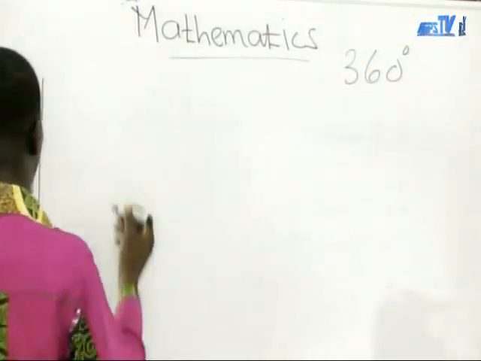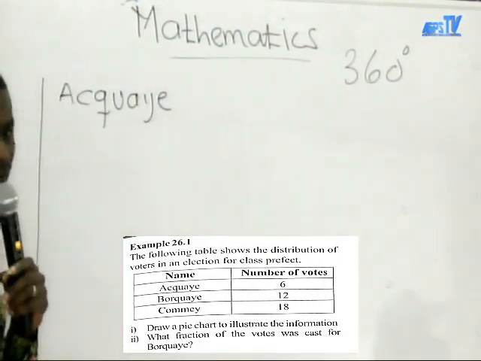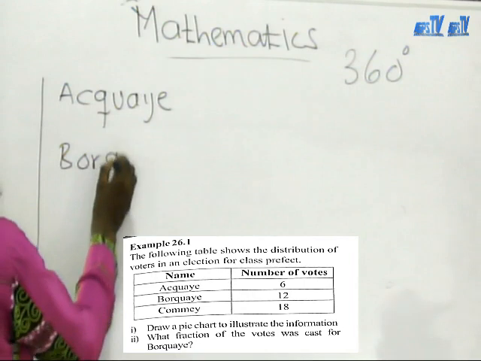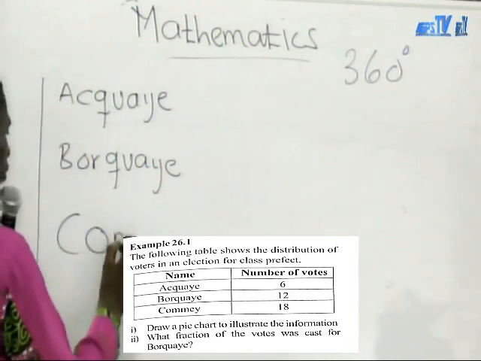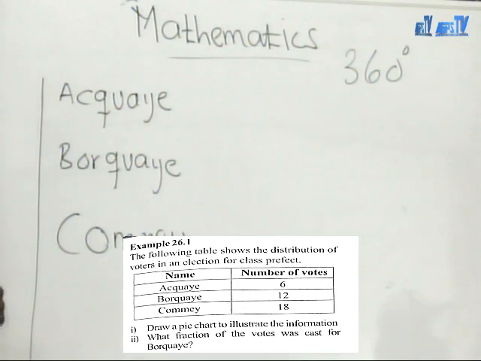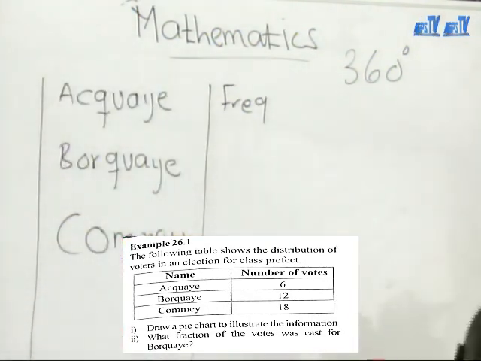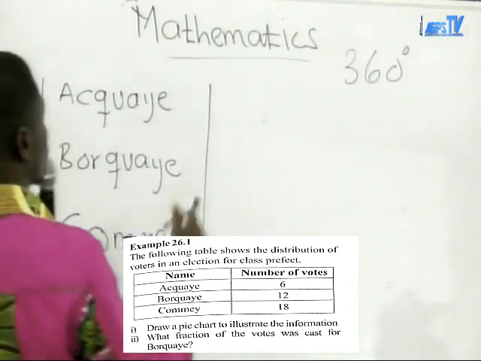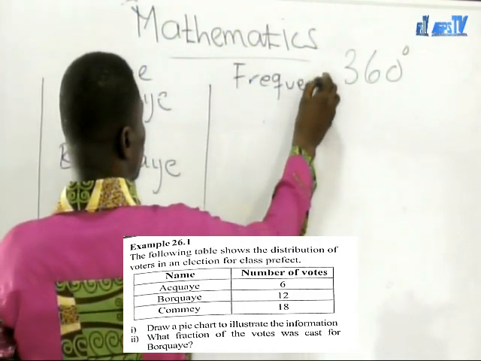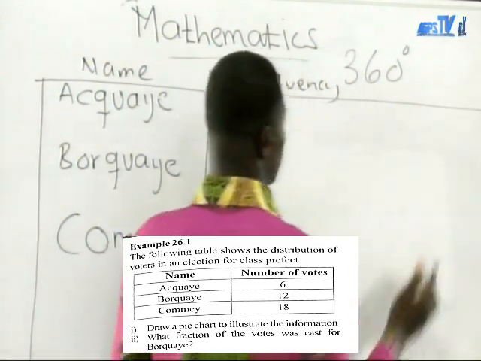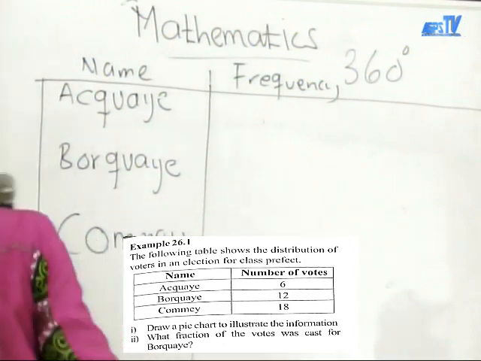So let us quickly go to the table. So we have Akweye, then we have Bokweye, and finally we have Kome. Then I said that the number of votes can also be called a frequency, so we can also take that.